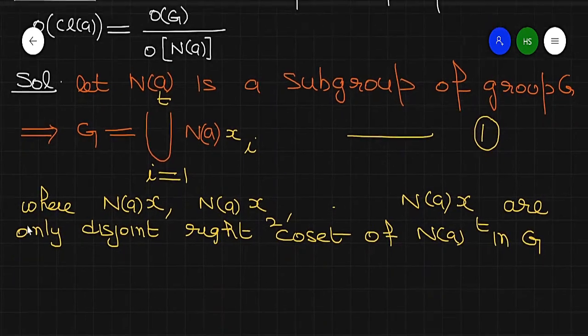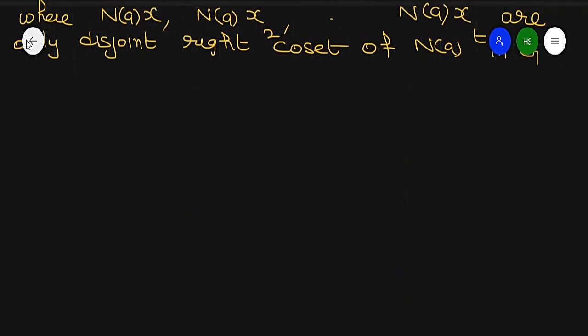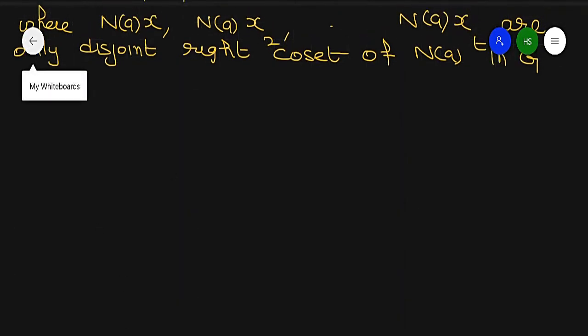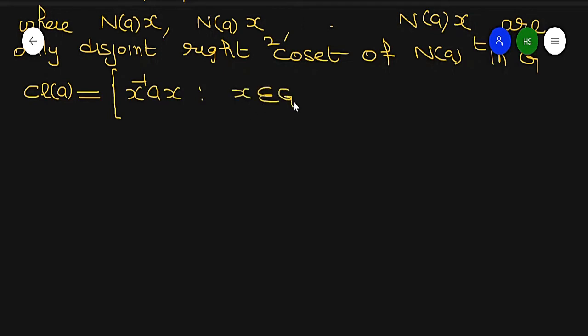So the left hand side is the class of A. See the elements in the class of A. What is the class of A? First check: the class of A consists of the elements x inverse a x such that x belongs to G. So these are its elements.